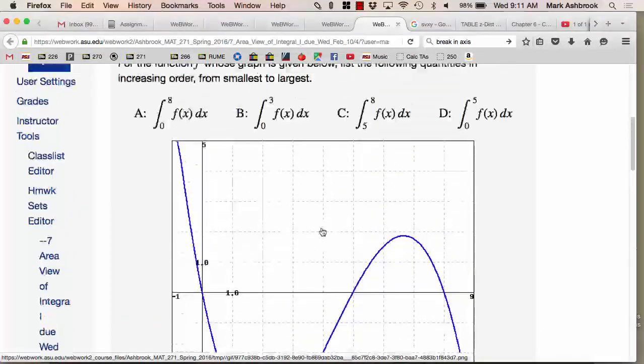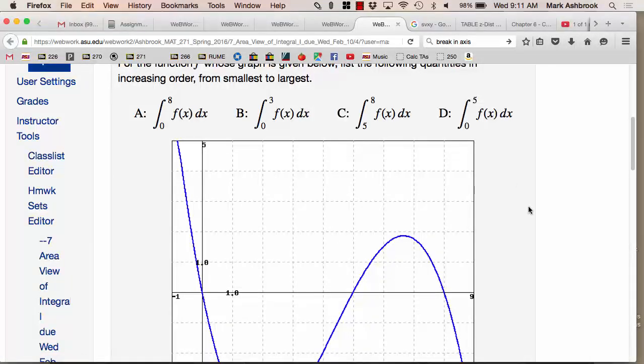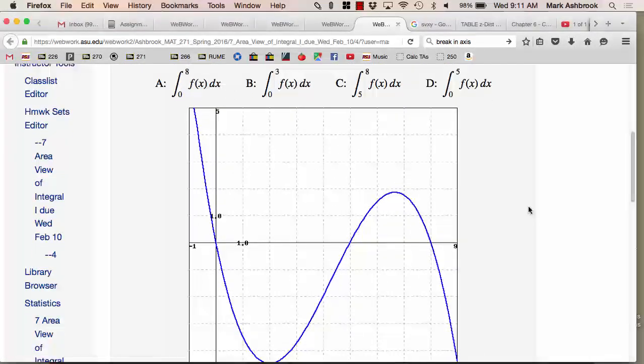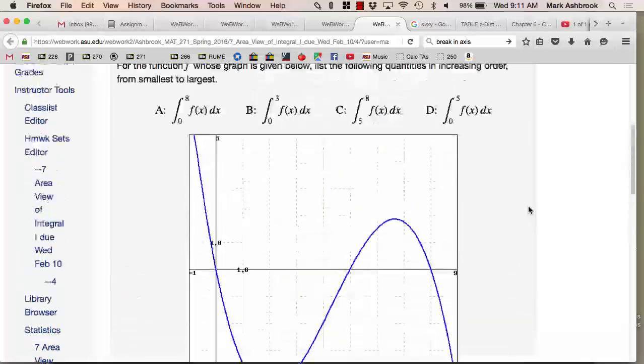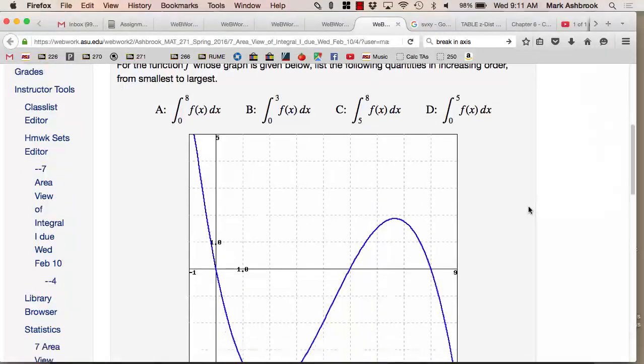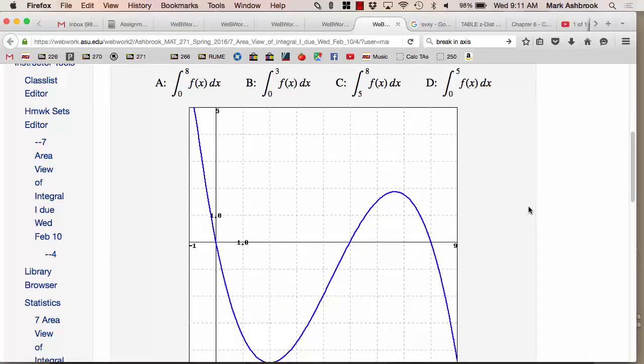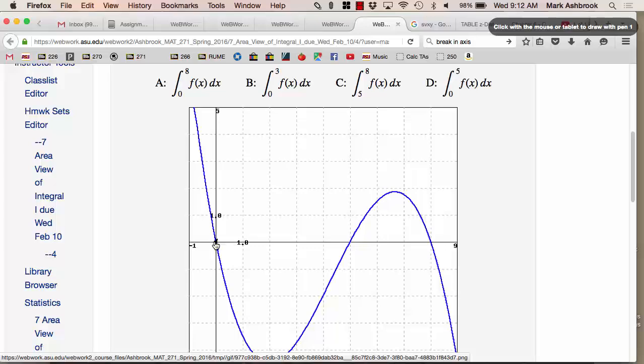Okay, so here was the next one that gave a little difficulty. Let's talk about this. We want to label these from least to greatest. Is that what it says? Least to greatest. Okay? So 0 to 8. 0 to 3.